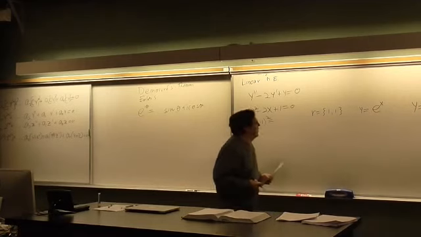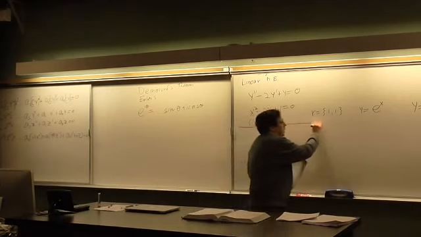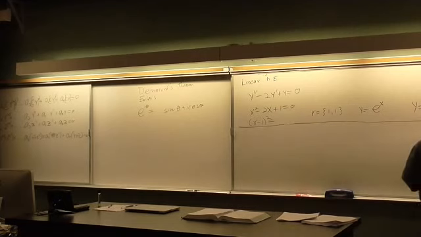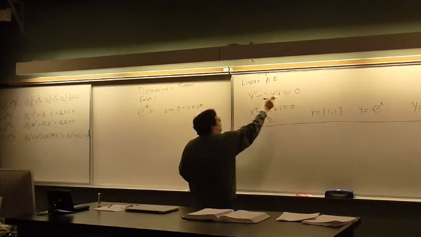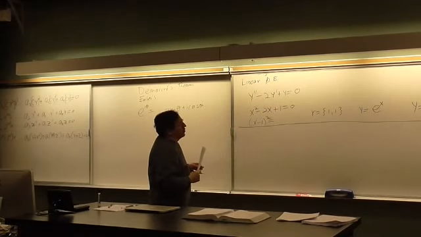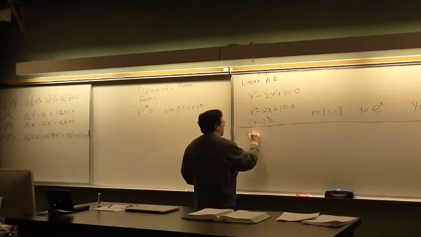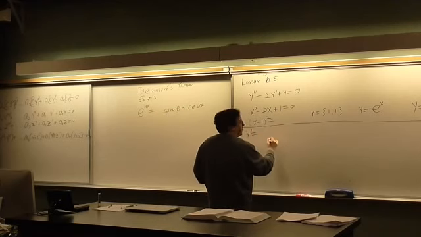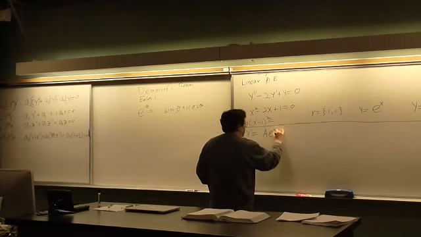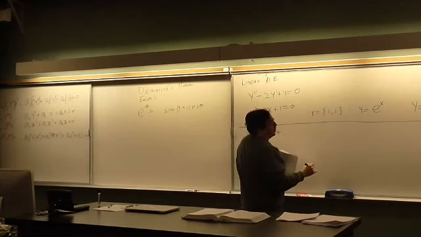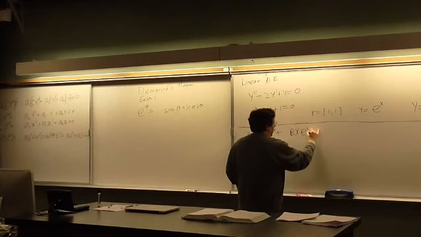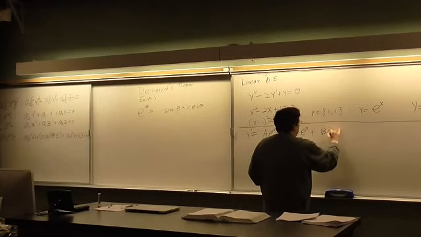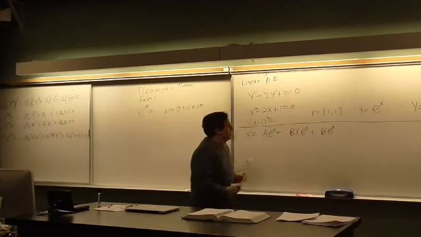I want to verify that, because I'm not going to prove this, but I at least want to verify this is true for this equation. So let's take a look here. Y prime is a e to the x plus, now I'm going to have to use the product rule, b x e to the x plus b e to the x.